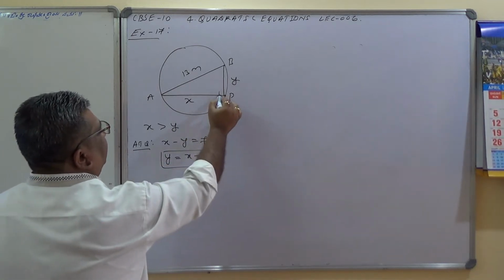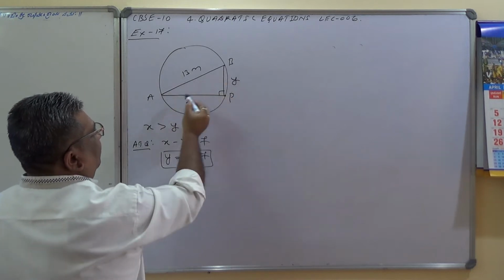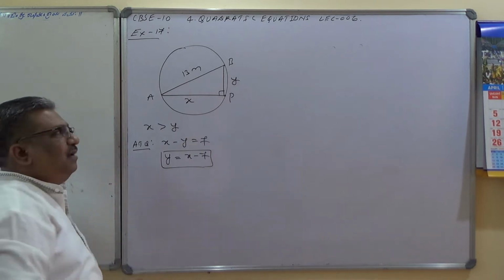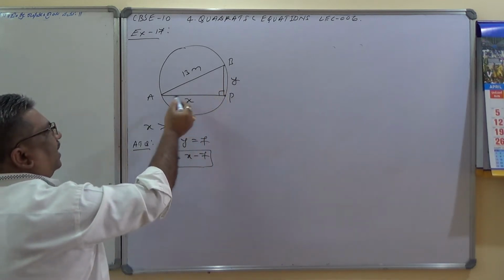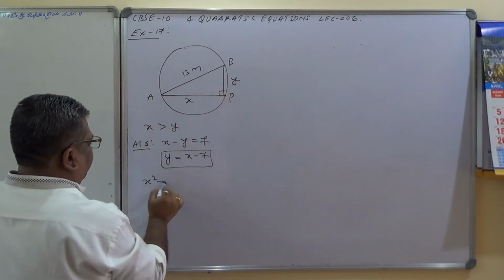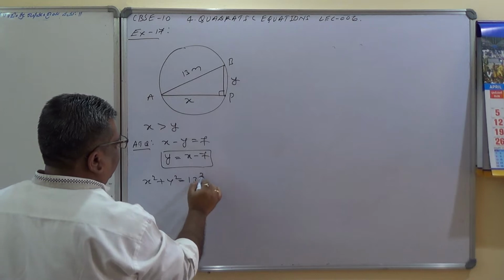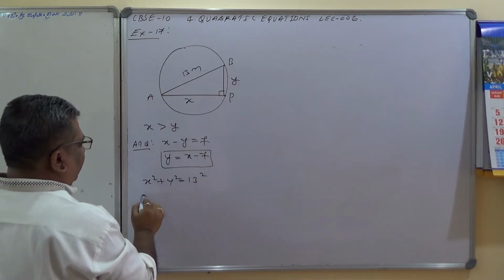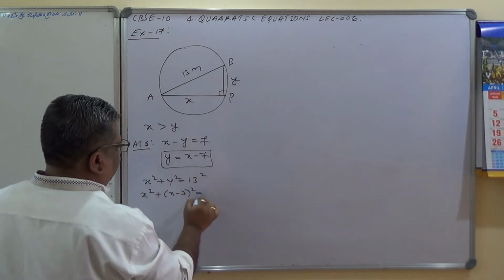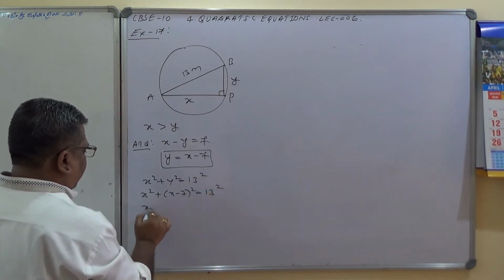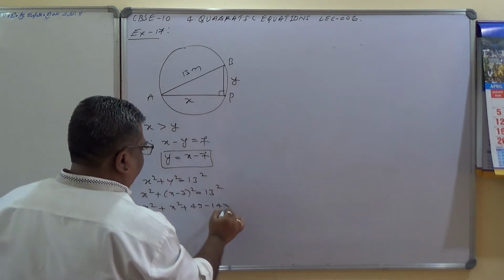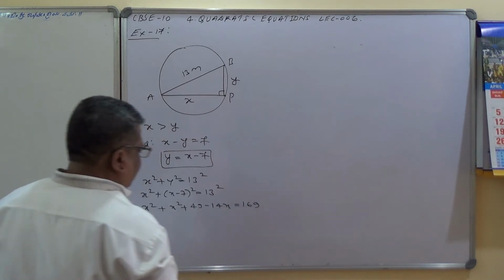Now, this is a diameter, and the angle in a semicircle is 90 degrees. Therefore APB is a right angle triangle, and hence let us apply the Pythagoras theorem to right angle triangle APB, which is nothing but x square plus y square equals 13 square. So x square plus, what is y here? x minus 7, the whole square, equals 13 square. x square plus 49 minus 14x equals 169.